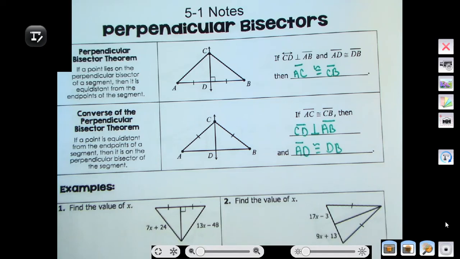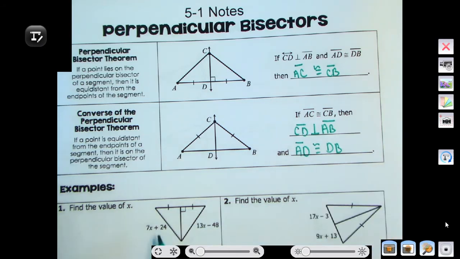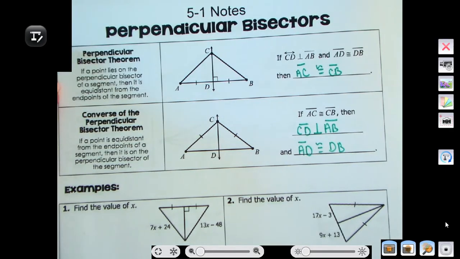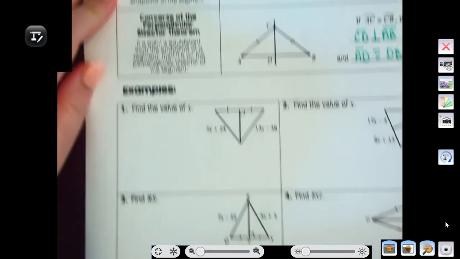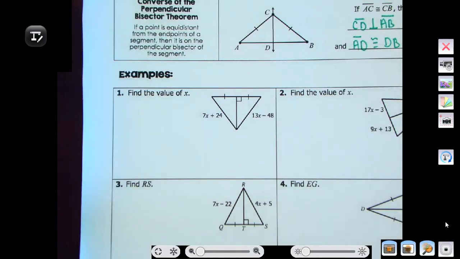So then our knowledge here is to know that if these are equal, then that means that these are equal. If I have a perpendicular bisector and it's cutting this in half, then these two are equal to each other. So how could we solve for x in this case? We would simply set those two equal to each other and solve.